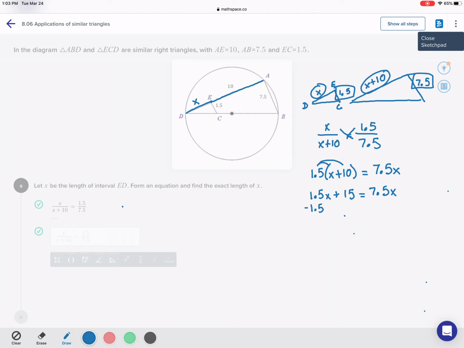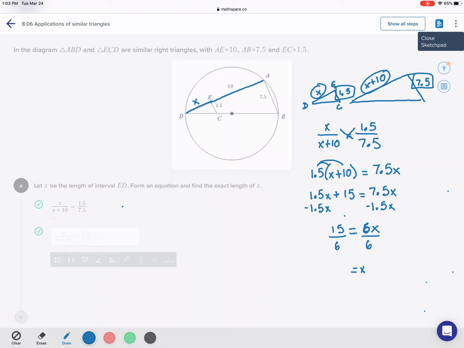Subtract 1.5x from both sides. I get 15. 7.5 minus 1.5 should be, is it 6? Yes, okay. 6x. So divide both sides by 6.